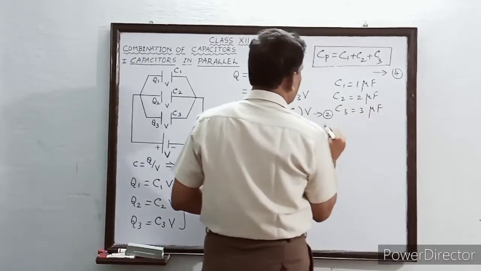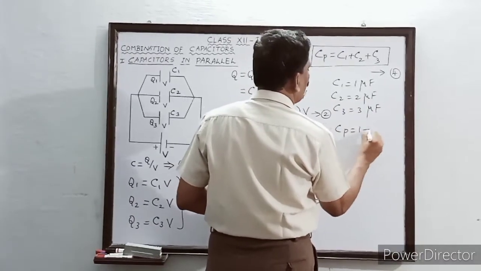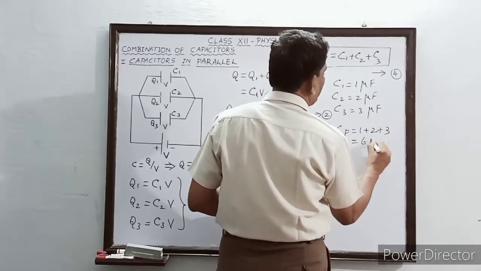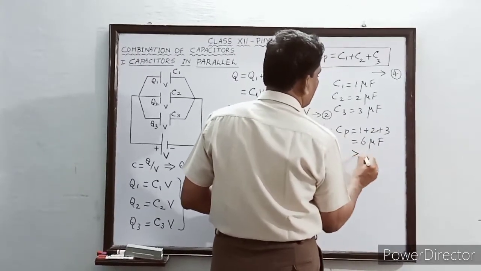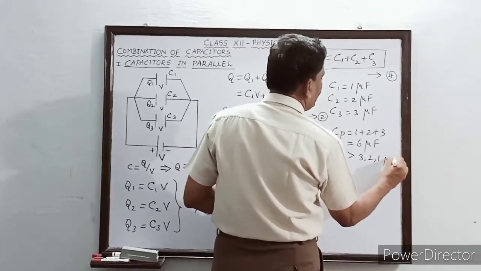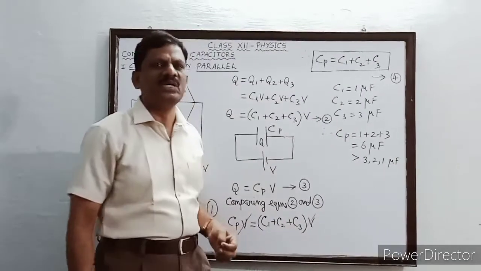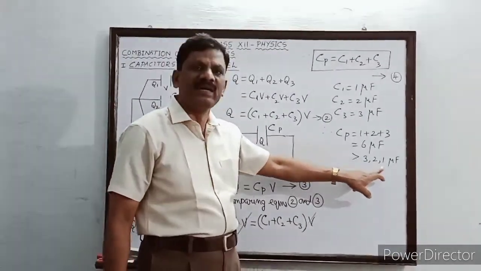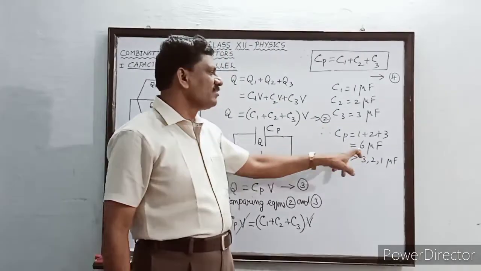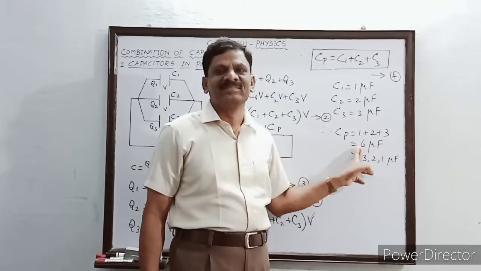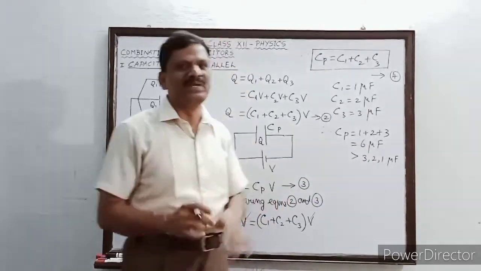Therefore Cp is equal to 1 plus 2 plus 3, which is 6 microfarad. This is greater than all three individual capacitances, 3 microfarad, 2 microfarad and 1 microfarad. The effective capacitance is greater than the greatest of the combination. Keep this idea in your mind.